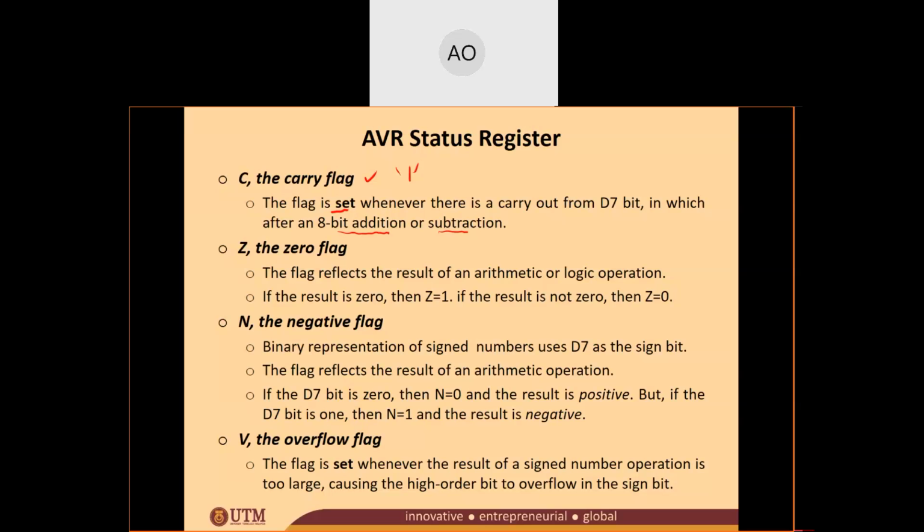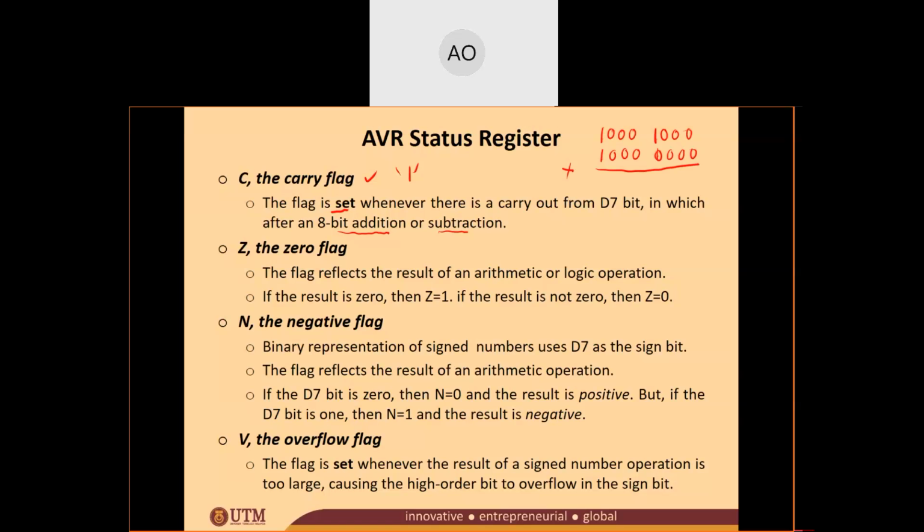Okay, you're going to add two numbers. This is your number, an 8-bit number. And then you add this number here.